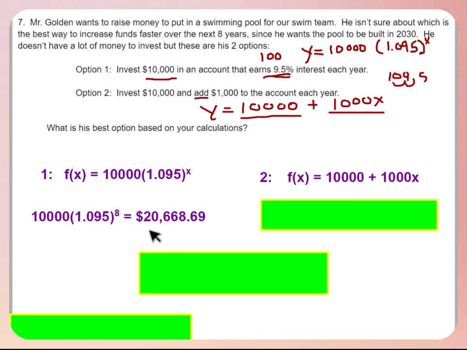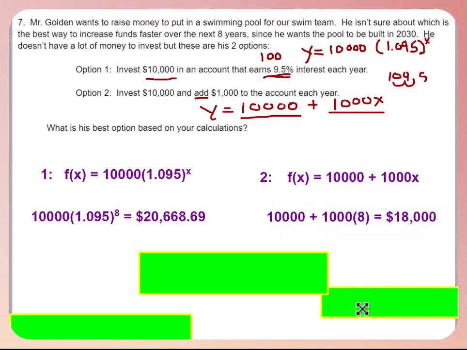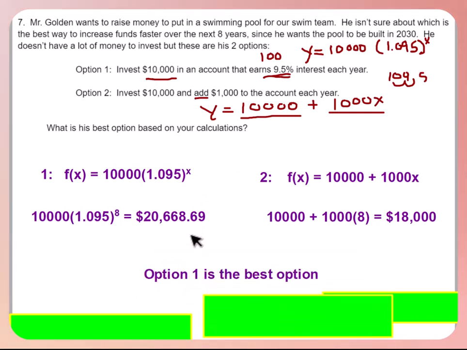You can pull it over to 8 on the x-axis, or you can simply take that expression in each of these and replace the x with an 8, and you'll see that option 1 is the best option, where we're earning 9.5% interest. Now go through the question that you get like this on your test slowly and carefully. Make sure you're doing the calculations and not rushing through.